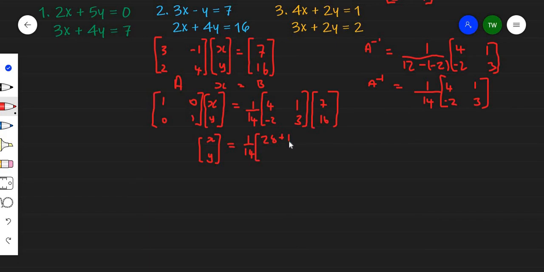That's just going to give me 16. And it's going to be negative 2 times 7. That's going to give me negative 14, plus 3 times 16, and that's going to give me 48.